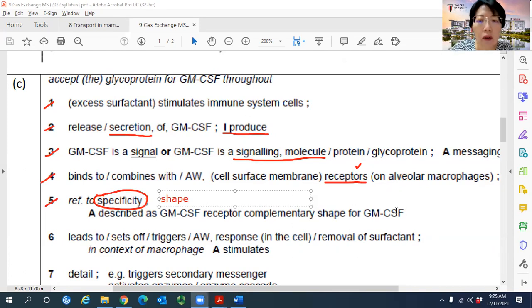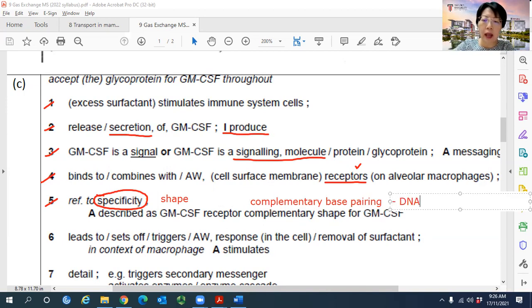By now you need to be very careful, because you also learn about complementary base pairing. Complementary base pairing only applies in DNA as well as RNA, so during DNA replication, transcription, and also translation.